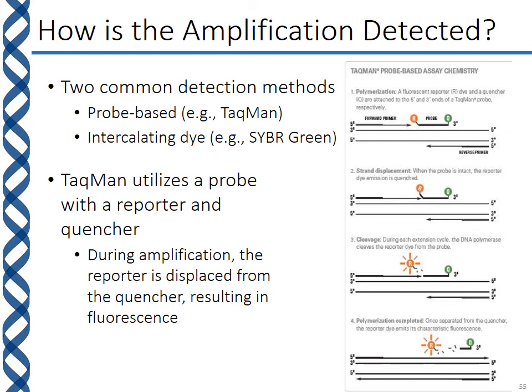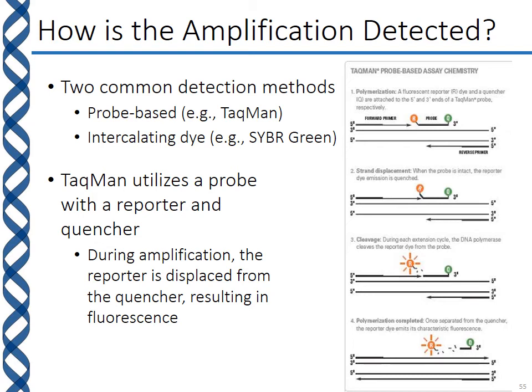So in step 2, where the strand displaces, the polymerization of the reaction begins. And so you see now the arrow coming off the forward primer is bumping up against the probe and beginning to displace it. Once that reaches the part where the probe has been hybridized, it will begin to cleave off that part of the molecule.